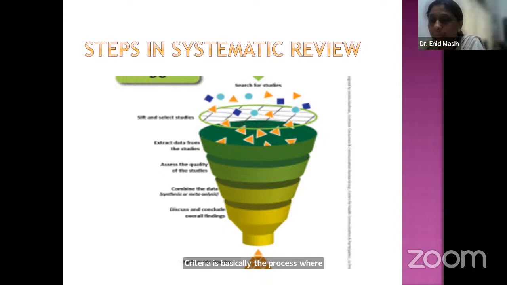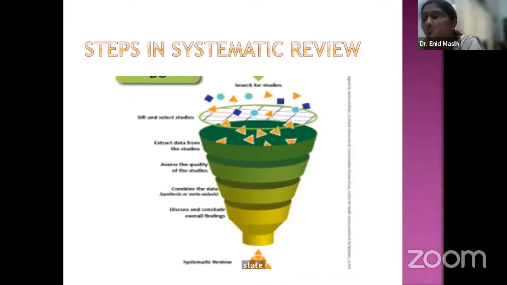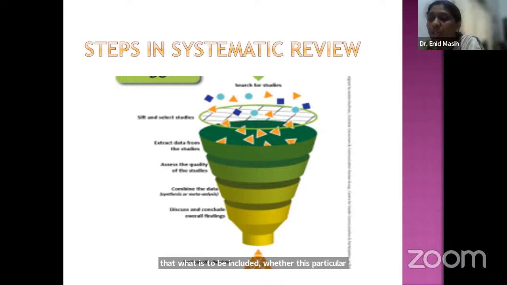We have just set the protocol, and then through inclusion and exclusion criteria, we cross-check the protocol which we have developed. Why are we doing this? This will clearly help us determine whether a particular study is to be included in the research or not.